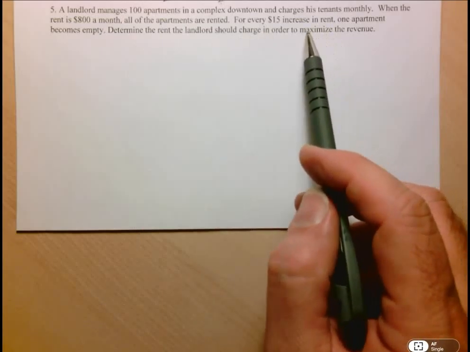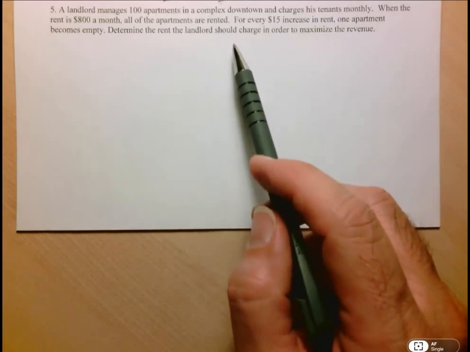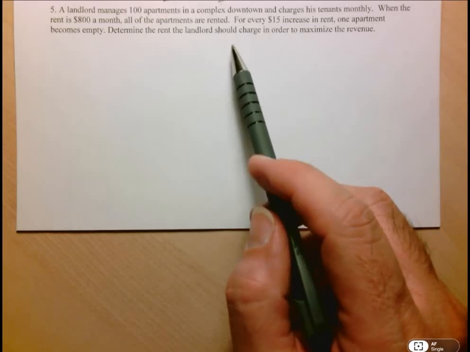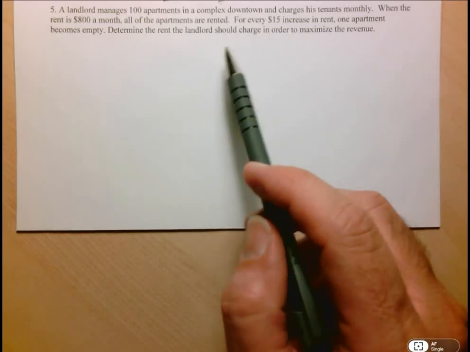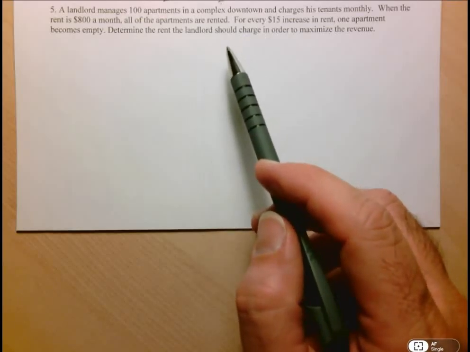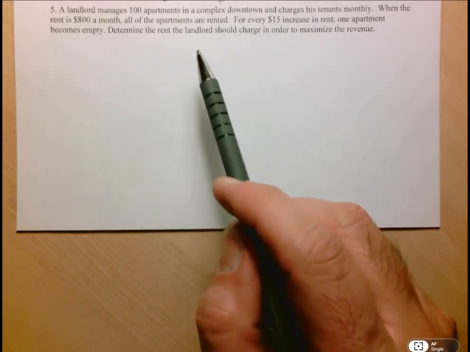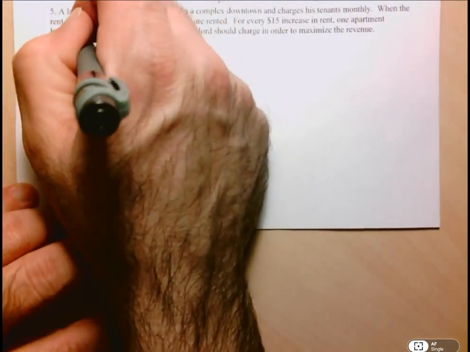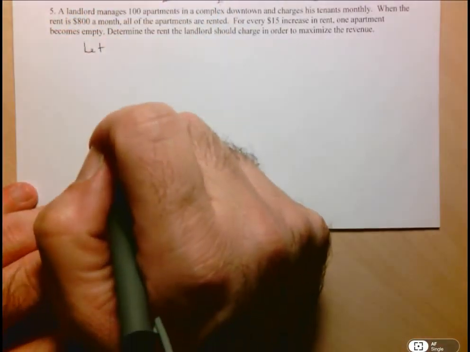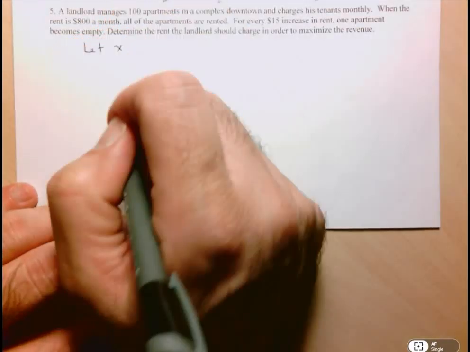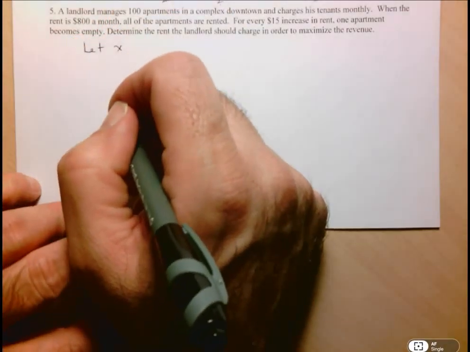As soon as you see one of these problems where you're making constant decreases or increases in price, the way to go is to let your independent variable, let's call it x, be the number of increases.